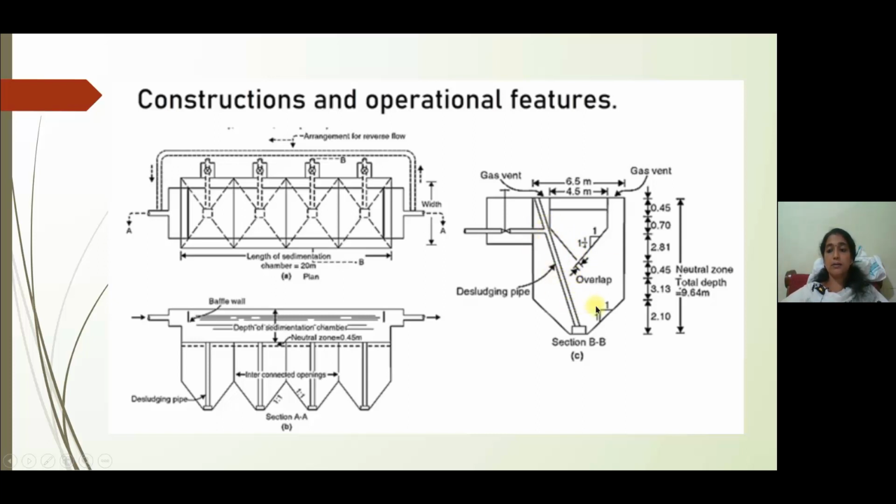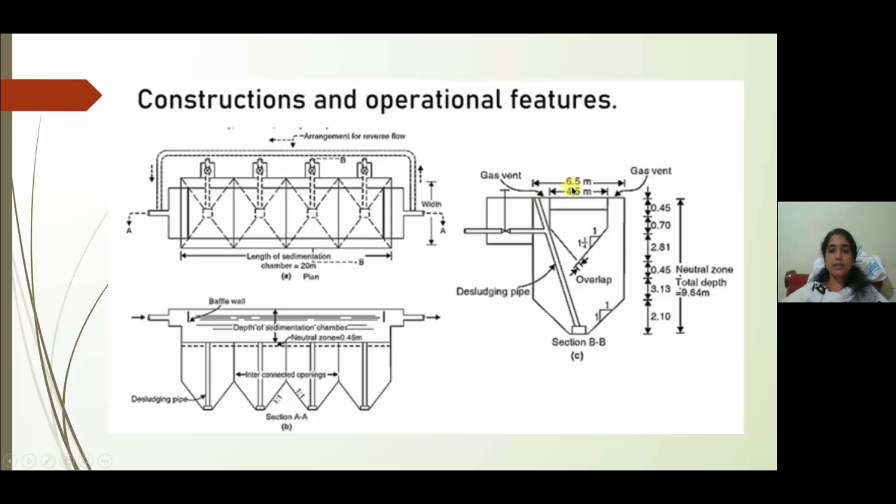The bottommost bigger cone is the digestion chamber, in which the digestion happens. The total width of this digestion chamber is 6.5 meters, and the slope is 1:1 in the digestion chamber, and in the sedimentation chamber the slope is 1:1.25, and the width of the sedimentation chamber is 4.5 meters.